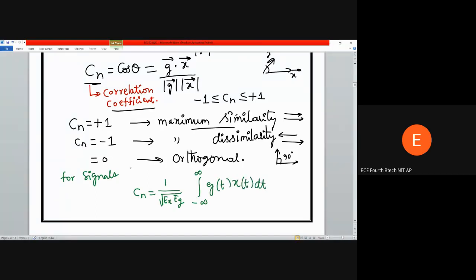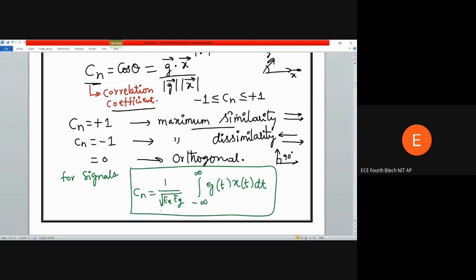This is what we define as the correlation coefficient between two signals. This will help us to identify whether the two signals are similar or not.